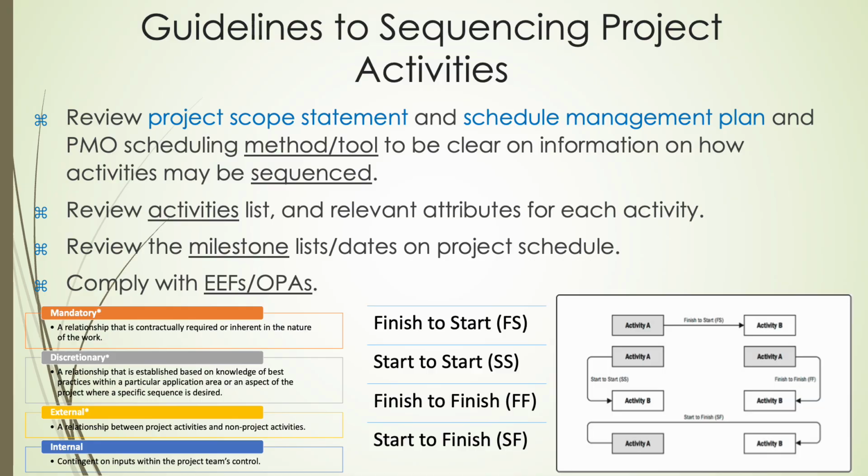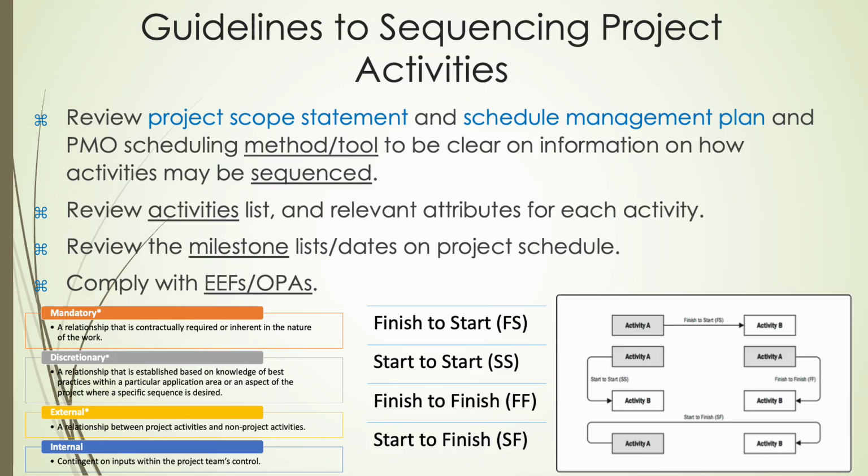External dependencies involve factors outside the project team's control, such as waiting for approvals from external agencies, while internal dependencies exist within the project team's authority and can be managed directly, such as sequencing internal tasks. By identifying these dependencies early, project managers can sequence activities logically, taking into account leads and lags to optimize the schedule.